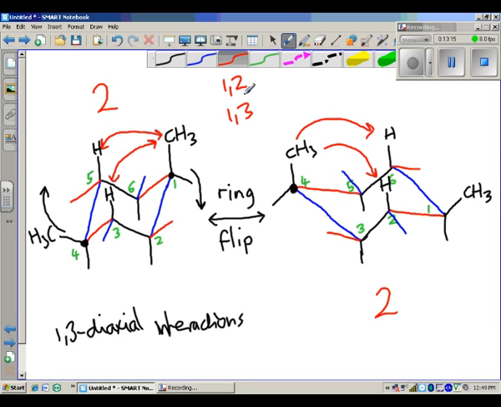Or you could have ethyl groups, propyl groups, t-butyl groups, chlorine, anything like that. The principle behind what you do is exactly the same no matter what the substituent is. So that's how you flip a ring, that's how you treat your substituents, and that's how you figure out which is more stable.